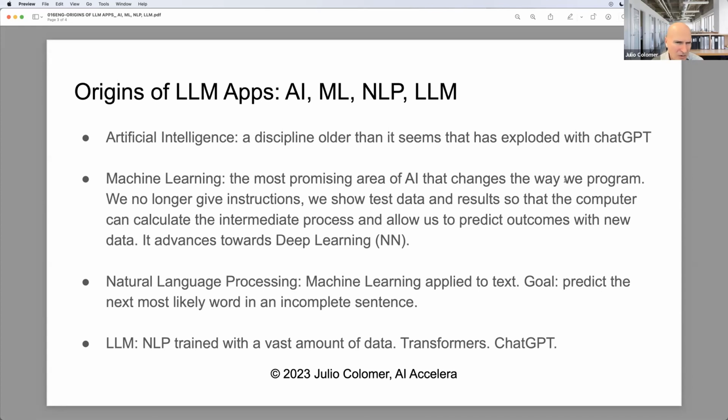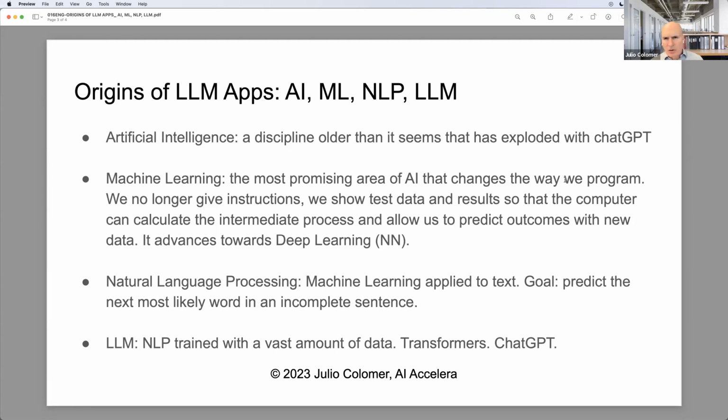In short, machine learning shows test data and test results to the computer. And then, starting from this test data and results, the machine realizes how to calculate the intermediate process and allows us to predict outcomes with new data.